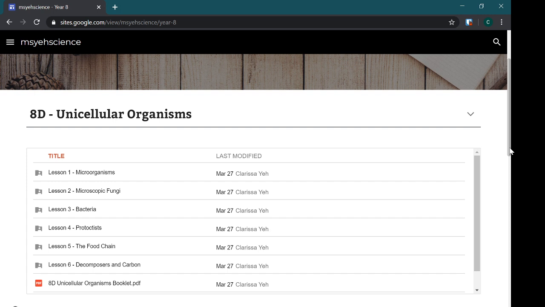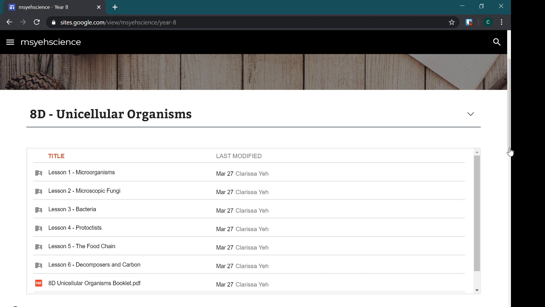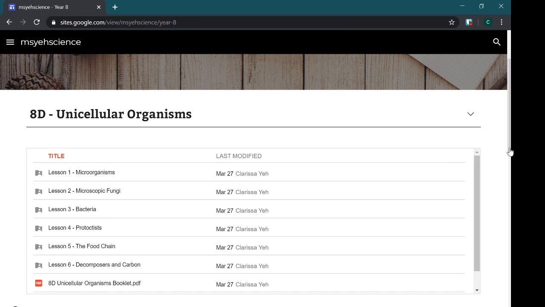So let's get started. If you want to do notes, I do have on the website, in the Year 8 section, a booklet, because I know a lot of you guys enjoy having notes organized so you know exactly what you need to know.